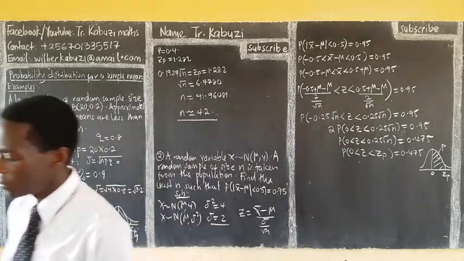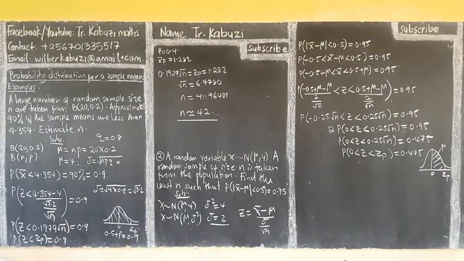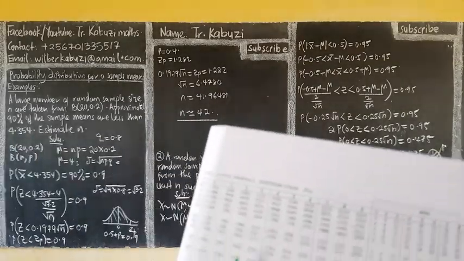Now I'm going to show you two methods, but I don't know which you take. The first one: when you want that value of 0.475, we are in the cumulative table.